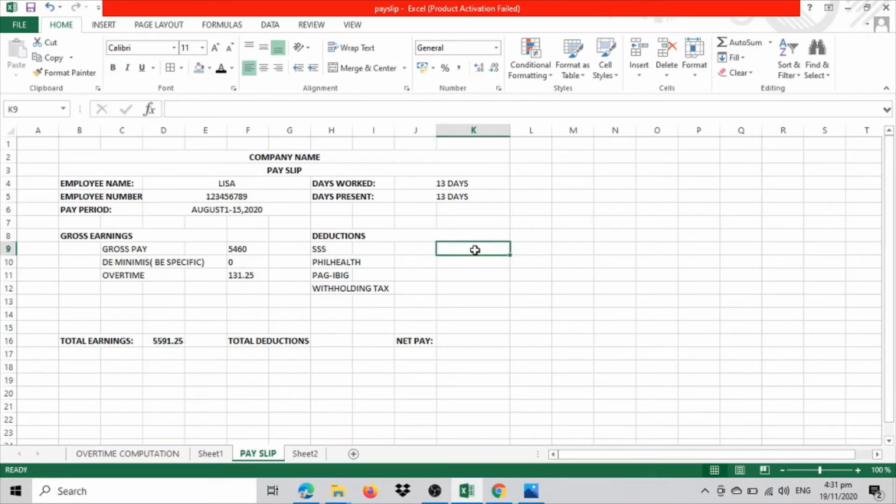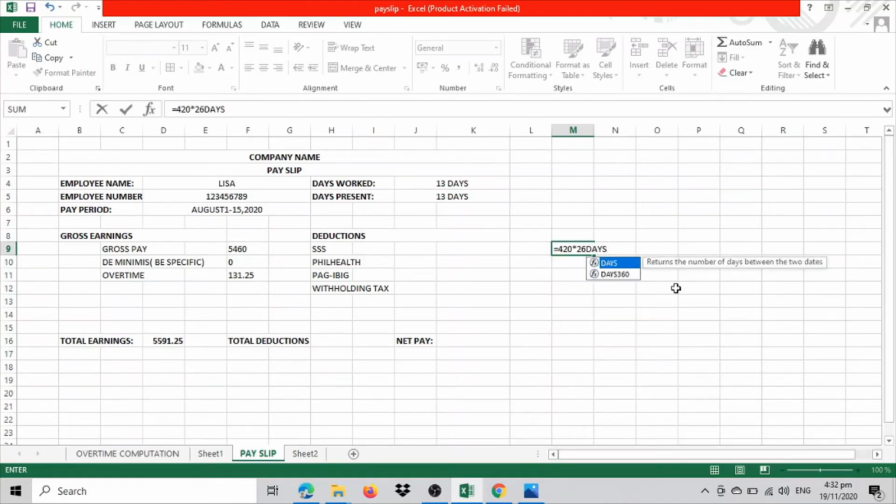So we first need to look at her monthly rate. So how should we do this? We have equals 420 multiplied by 26 days. Why 26 days?